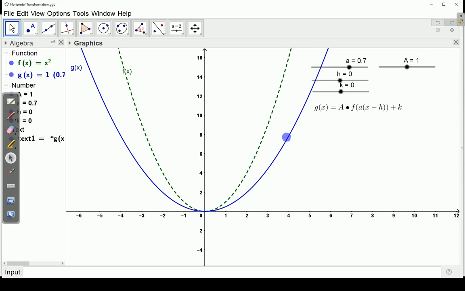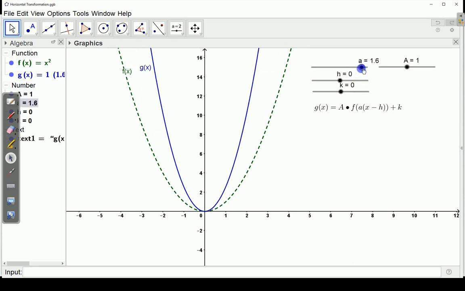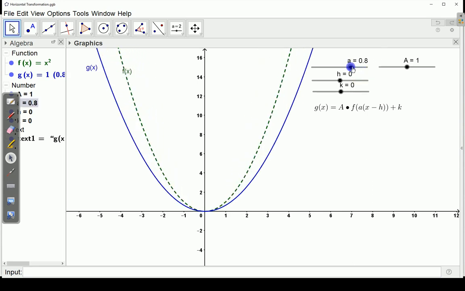And that's a little counterintuitive. When a gets smaller, we have a stretch. When a gets bigger, we have a horizontal shrink. So again, things that are on the inside are counterintuitive. The h was backwards, and now the a is also backwards. A bigger number means shrink, and a smaller number means stretch.